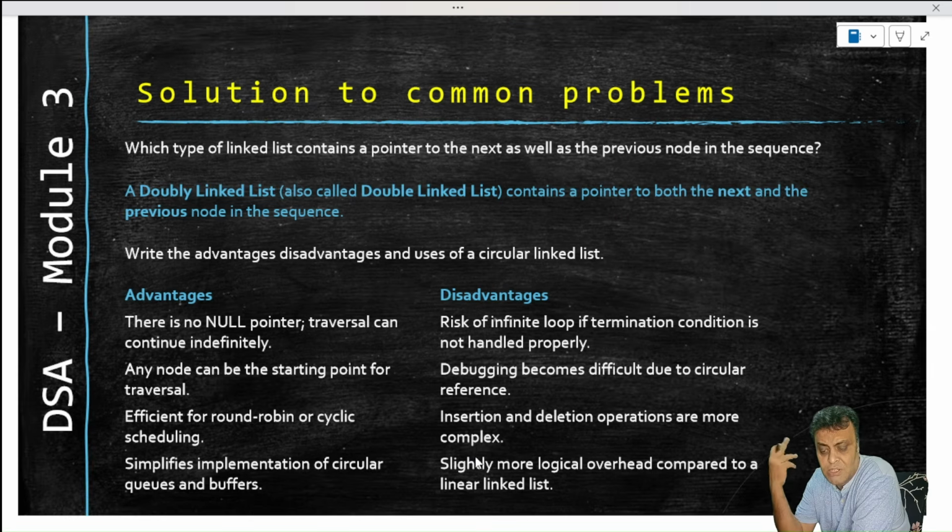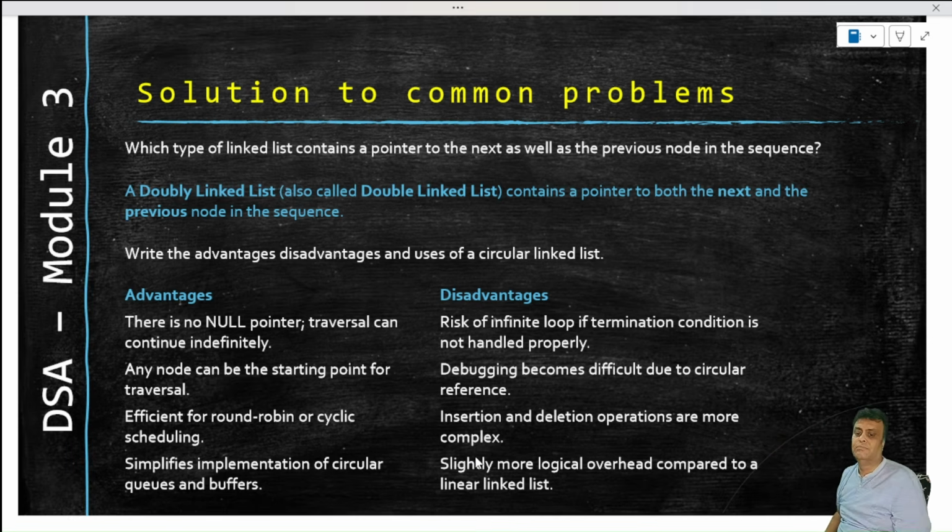And round robin scheduling, the processor time scheduling, all that are the use cases of this circular linked list. And the disadvantage is, of course, that sometimes you will get into an infinite loop situation because you are moving around.